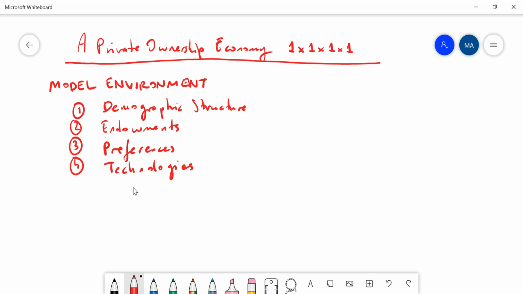Then, in the second part, of course, we have to define what do these people have. Okay. Is it time as a source of labor? Usually we endow these people with time, and time becomes the source of their labor supply. Is it human capital? Is it physical capital? Is it land?